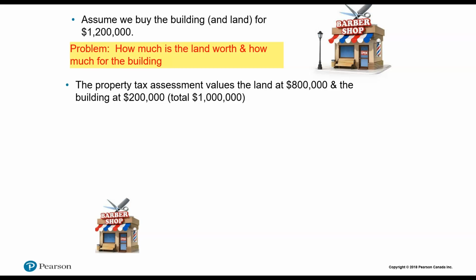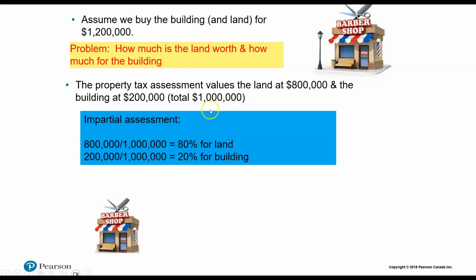It will never be the same amount. So we're going to focus on these appraised values and figure out, okay, if the land is appraised at $800,000 out of a total of $1 million, that's 80% of the value.